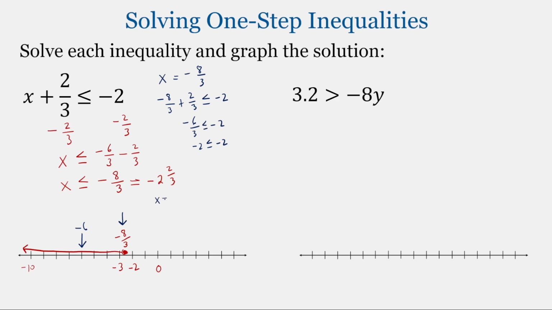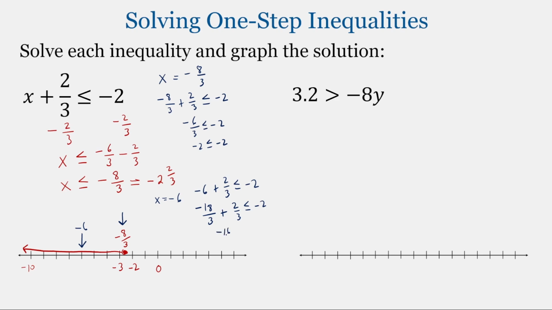So at x equal to -6, we have -6 plus 2/3 less than or equal to -2. We need a common denominator. This is -18/3 plus 2/3 less than or equal to -2.